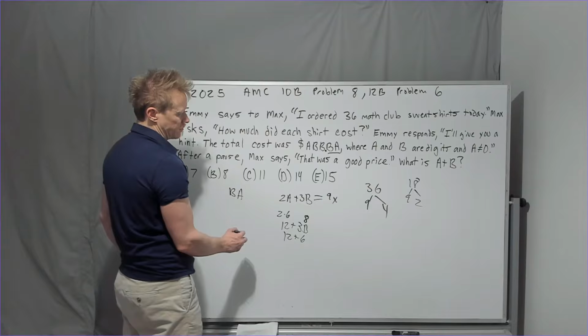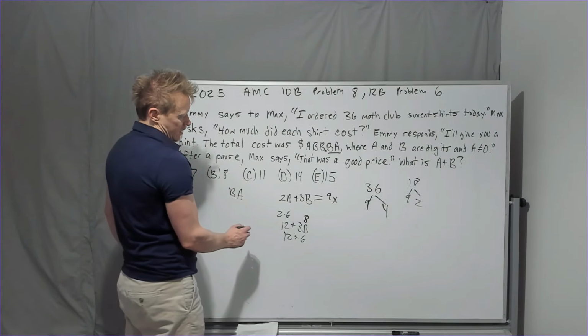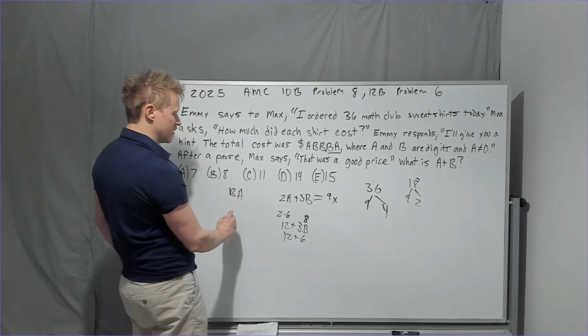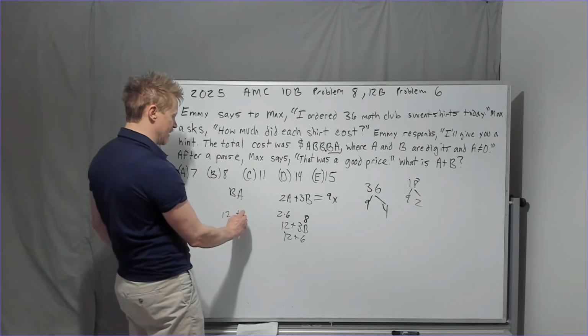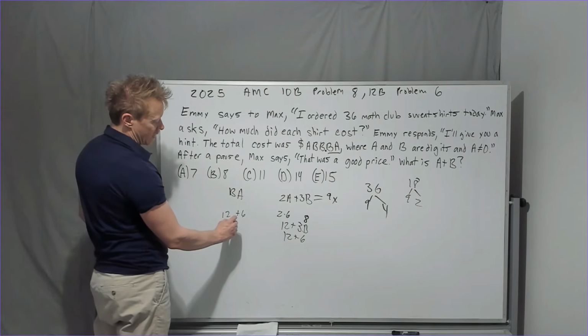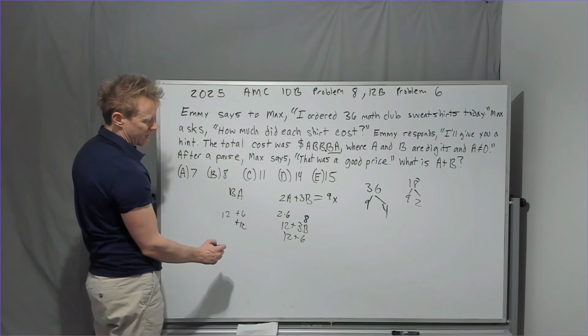A being 6, 2A plus 3B. Oh, did we really can't get 6 here? Okay, so we got 12. We can't add 6. We could not add 9. Could we add 12? That wouldn't be a multiple of 9.